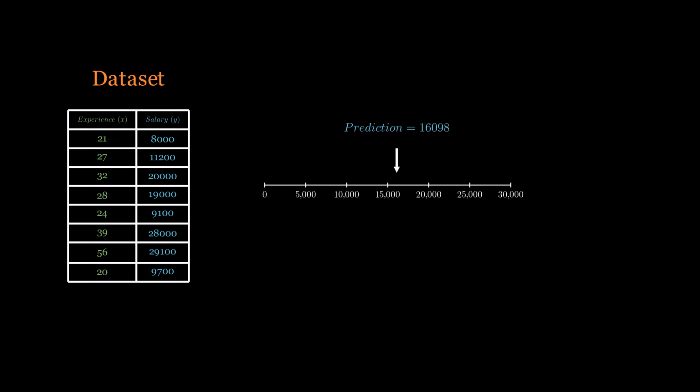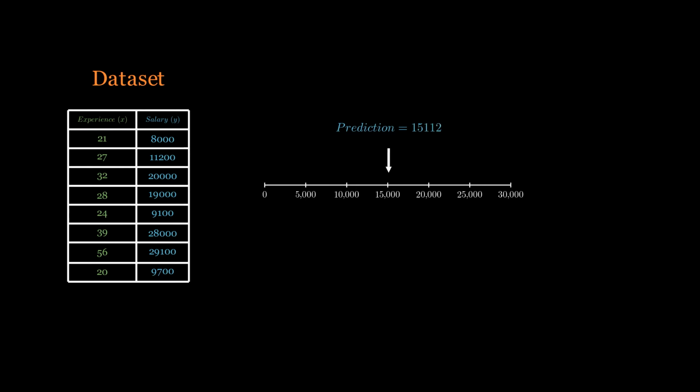The first thing we'll have to do is to understand the relationship which exists between the years of experience and the salaries in our training dataset. And this is one of the things done in the exploratory data analysis phase.